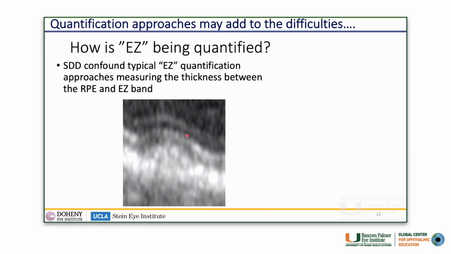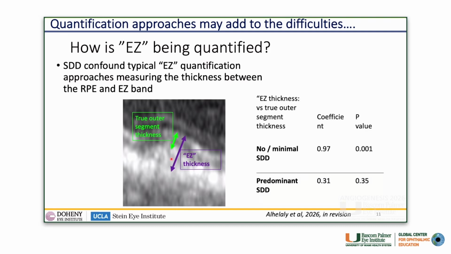For example, if you measure the EZ between the EZ band itself and the RPE, then your EZ thickness measurement will necessarily include the SDD, and of course it'll be quite different from a true outer segment thickness measurement. This is something we presented at ARVO, and certainly in areas of predominant SDD, there really is no correlation between EZ thickness and outer segment thickness.